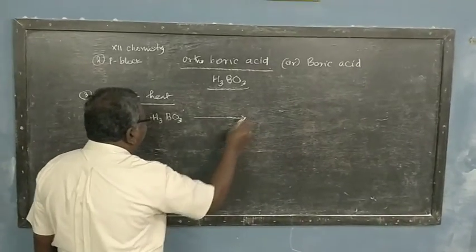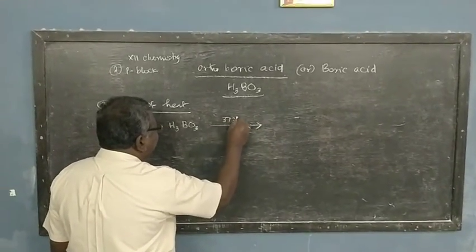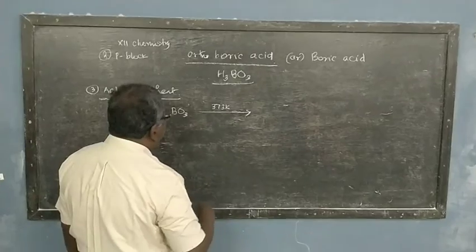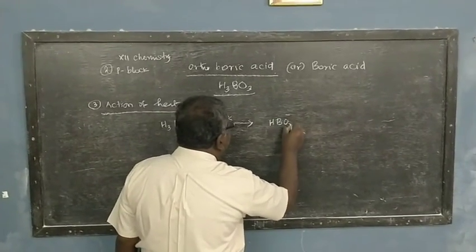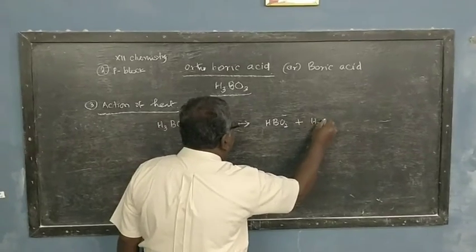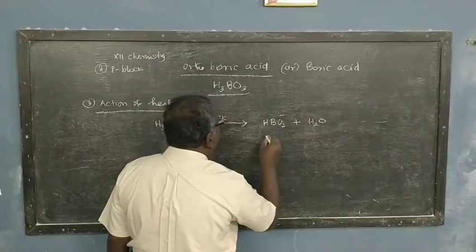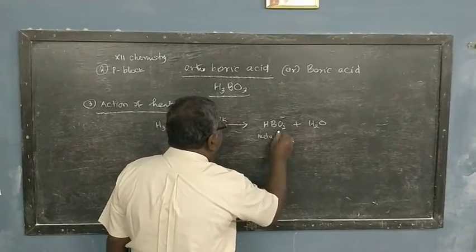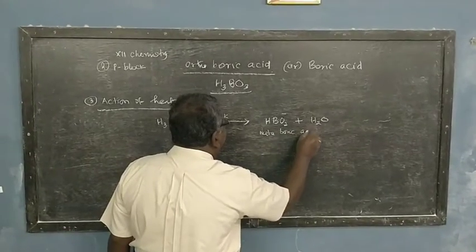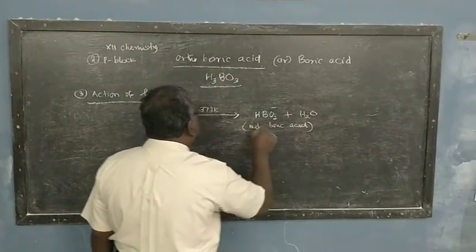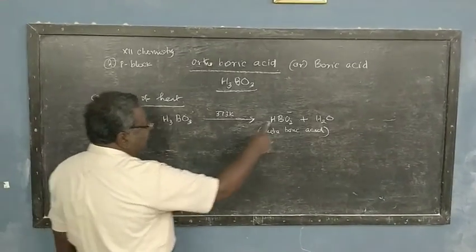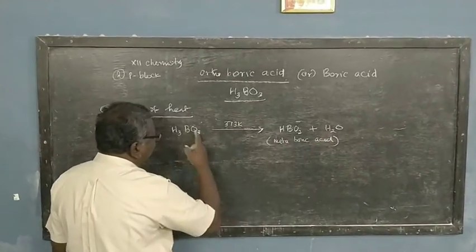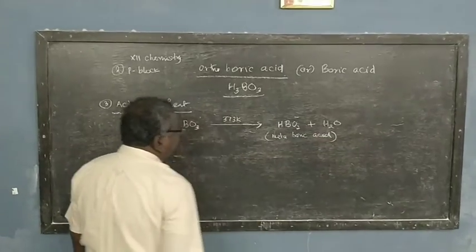So when it is heated to 373 or 383 Kelvin, then it forms metaboric acid, giving out water molecule. This is called metaboric acid, right? And this equation is balanced. 1 plus 2, 3 hydrogen, 1 boron, 2 plus 1, 3 oxygen.